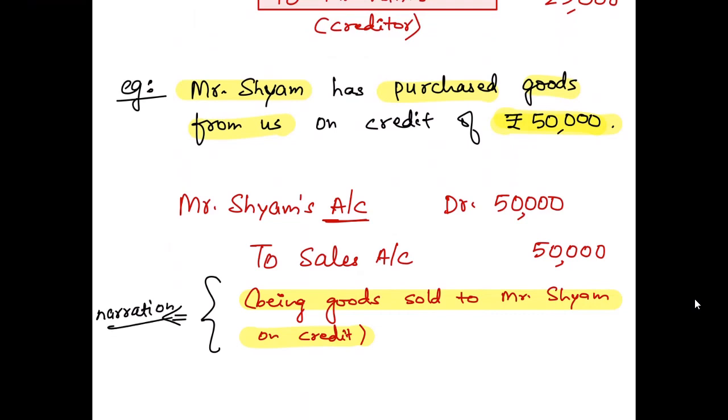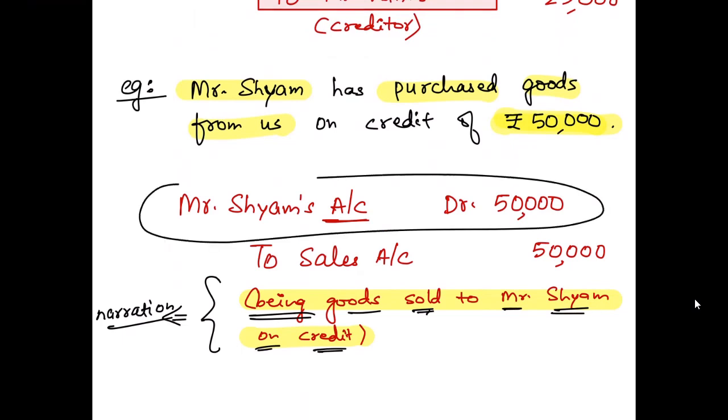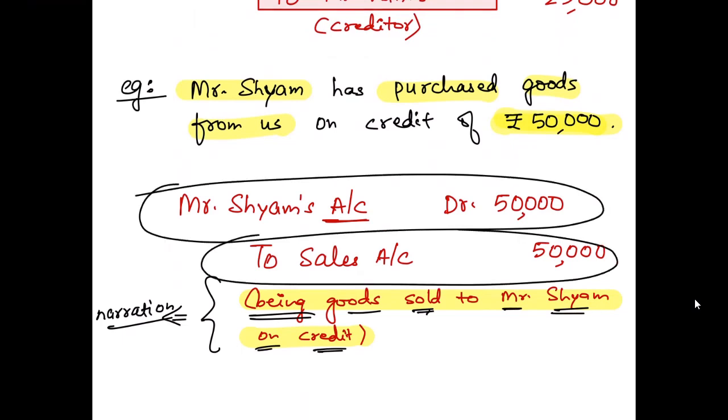So what is the narration? It is a brief description of the transaction which is happening. It will always start with being. What is being done? That goods have been sold to Mr. Sham on credit. That is the reason Mr. Sham is debited and sales account is credited.